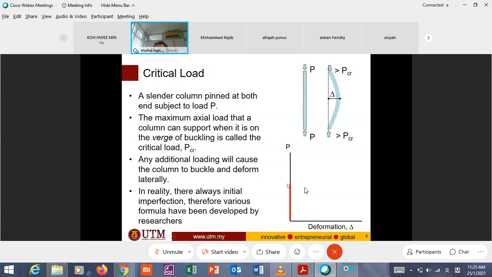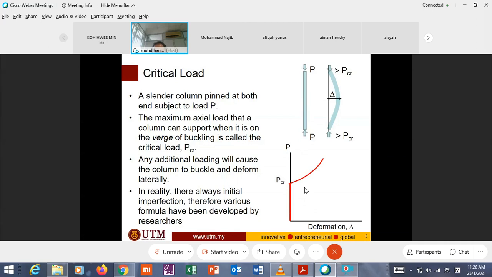But until a certain limit, it starts to deform. And this limit is called the critical limit. You start to deform, and once you deform, it will deform more and more monotonically.